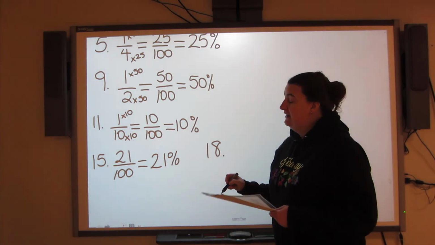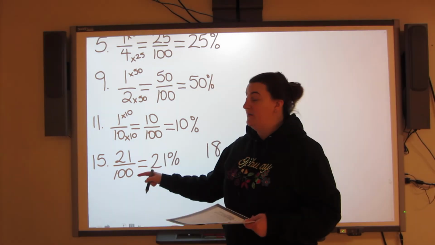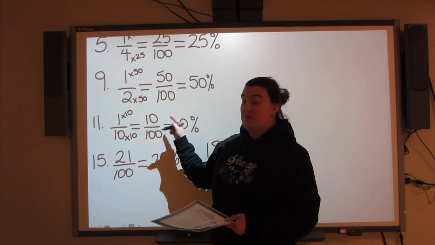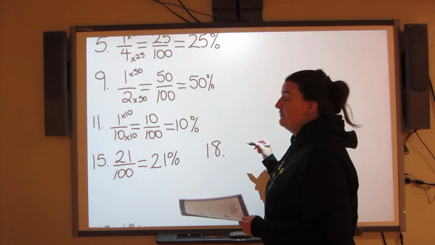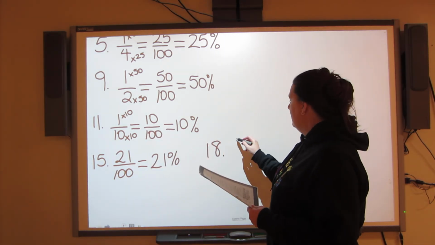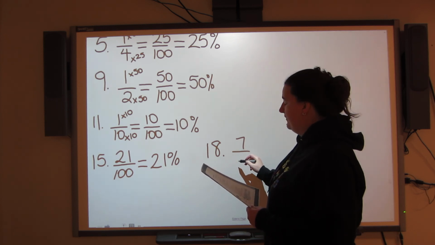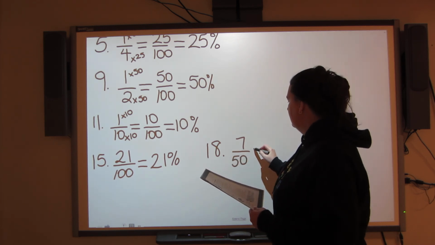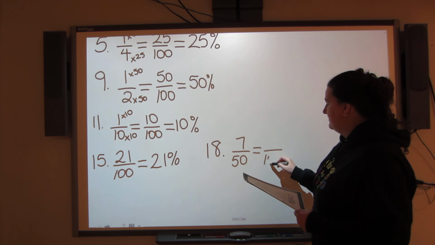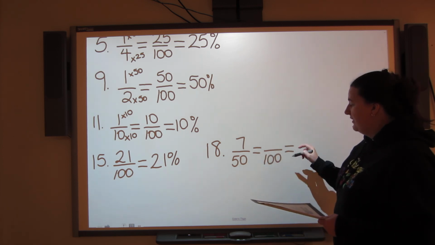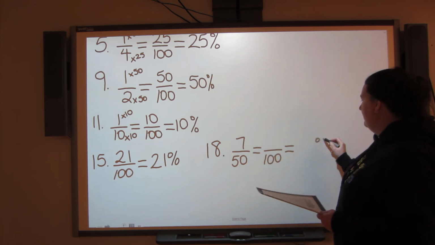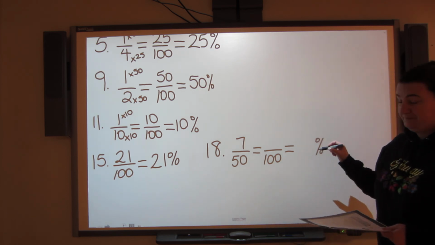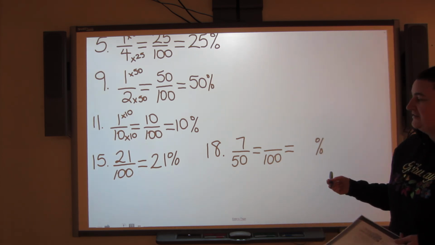number 18 does not have 100 on the bottom, so you're going to have to find an equivalent fraction with 100 on the bottom. So I've got 7 over 50, so you're going to rewrite it as an equivalent fraction with 100 on the bottom, and then you'll be able to find out what your percentage is.